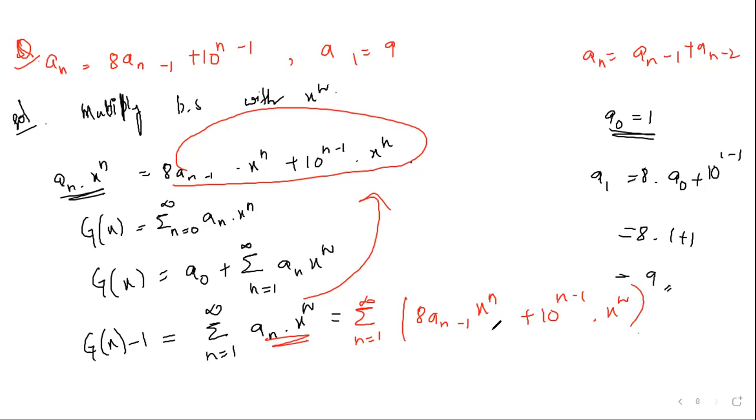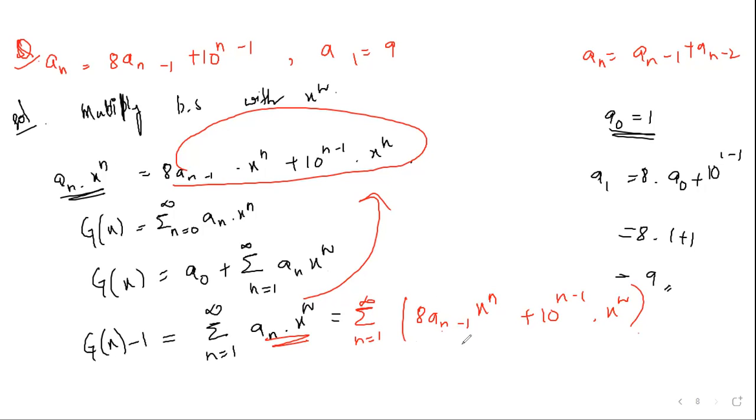Now why am I doing it differently from the earlier problem? The reason I am doing it differently is, in the earlier problem we already had a_0 value. We did not need to take a guess value of a_0. Also, the earlier problem was homogeneous. This is non-homogeneous. Okay. Now the sum from n equal to 1 to infinity of 8a_{n-1} into x^n plus 10^{n-1} into x^n.